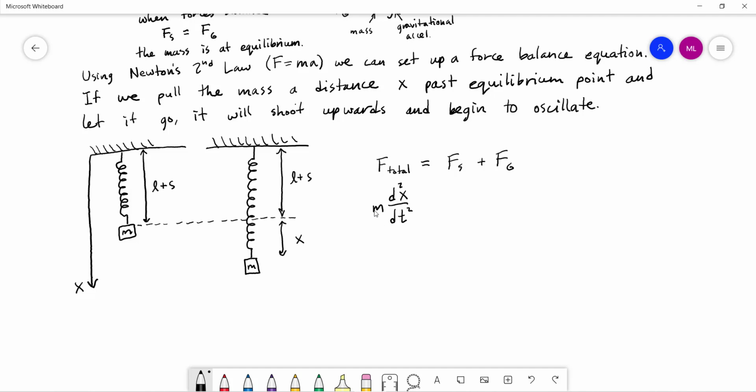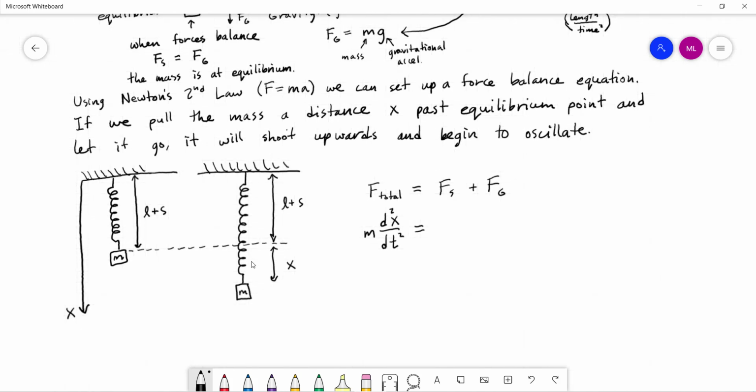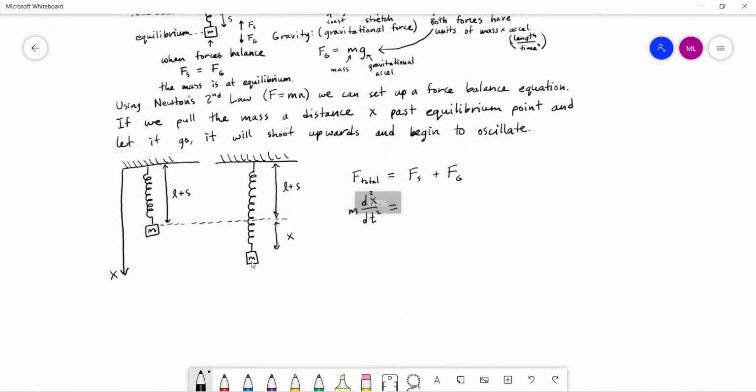We have a mass, m, and the acceleration is given by the second derivative of the position of the mass that we're trying to keep track of. And it's going to be balanced by a couple of different forces here. So if we think about it at rest, let's do this at equilibrium and see what we get.